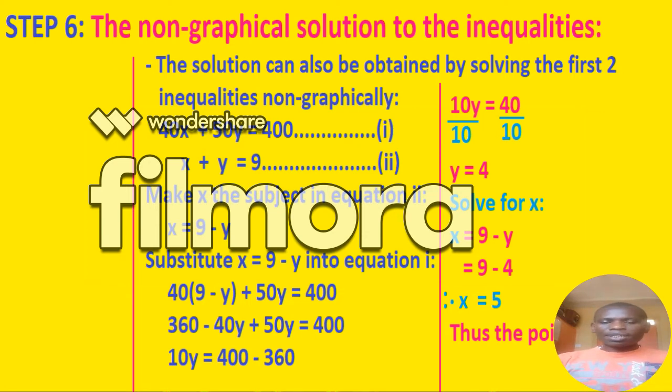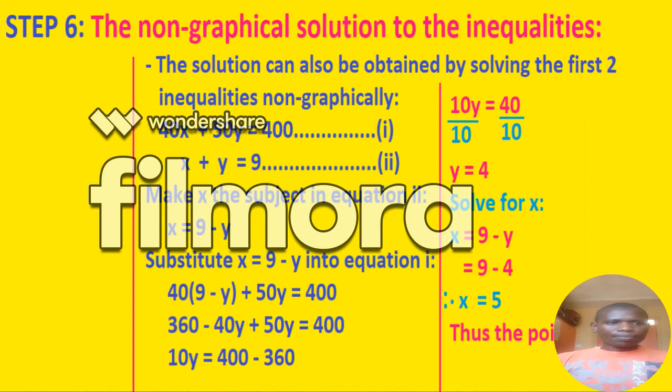Next step, substitute x equals 9 minus y into the first equation. Therefore, we are going to have 40 times (9 minus y) plus 50y equals 400. Breaking the bracket, 40 times 9 is 360, minus 40 times y, that is minus 40y, plus 50y equals 400.